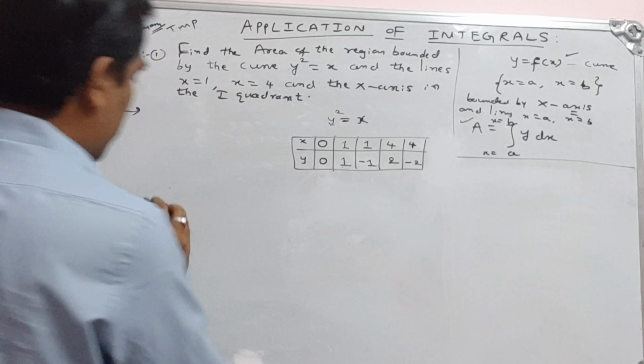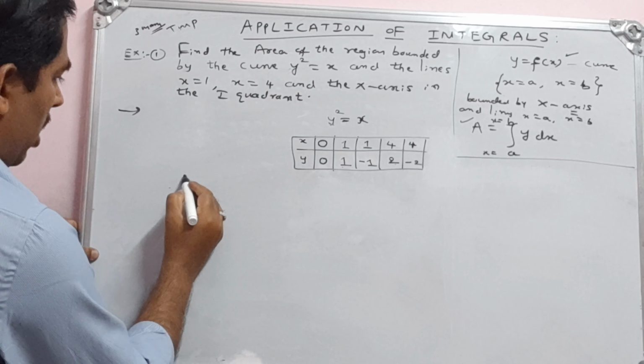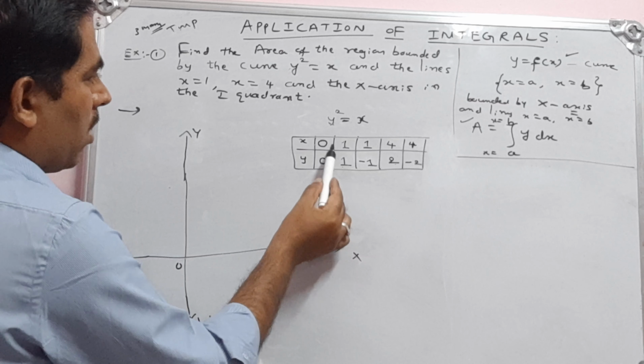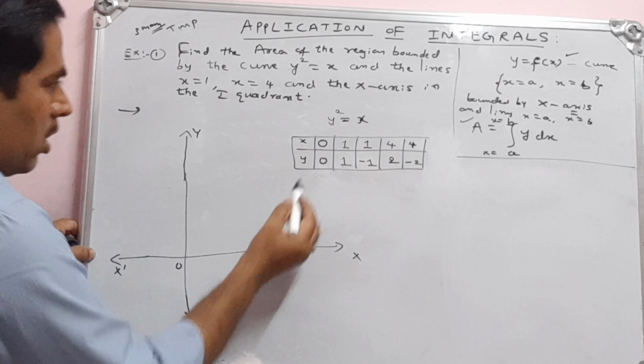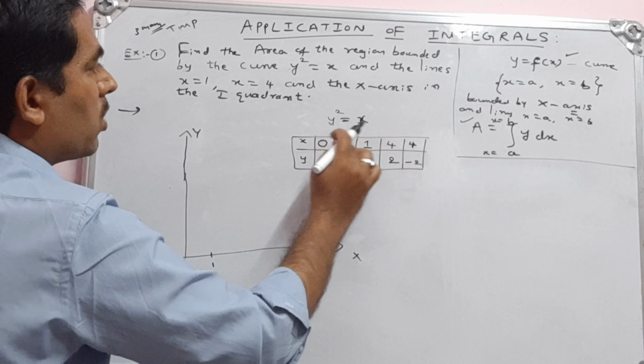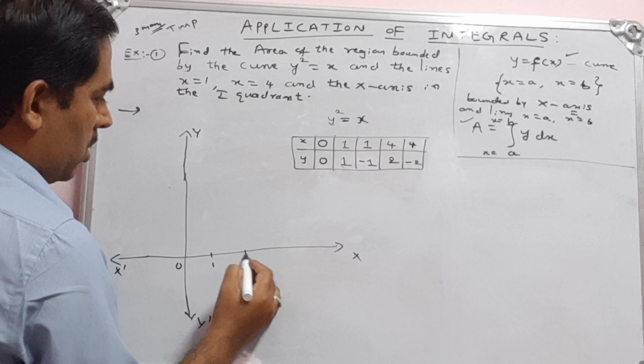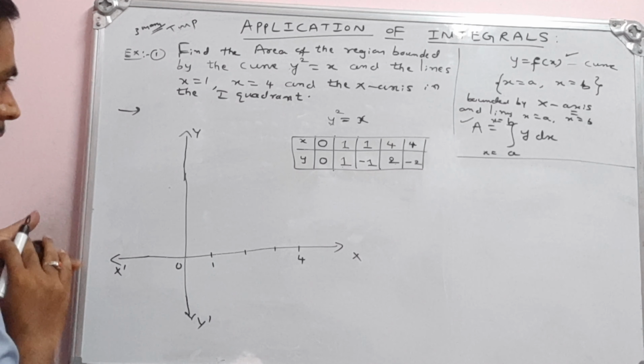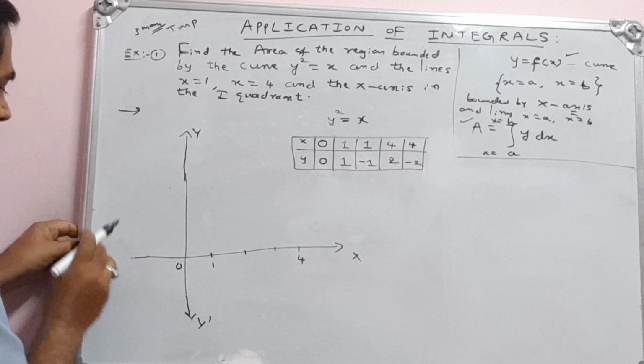Then let me draw a graph here. This is a rough sketch. This is the x-axis and this is the y-axis. Observe the graph. On the x-axis, we can mark 1, then 0, 1, 2, 3, 4.